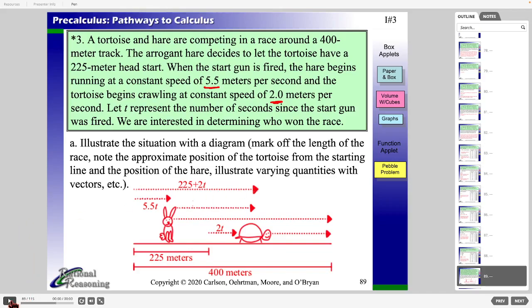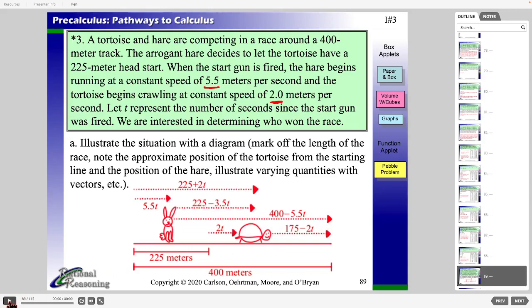To get the distance of the rabbit, we're going to say, well, how close is it to finishing, right? The rabbit has to go 400. Once it gets down to 0, it's finished. The tortoise only has to go 175, so once it gets this down to 0, it's finished.